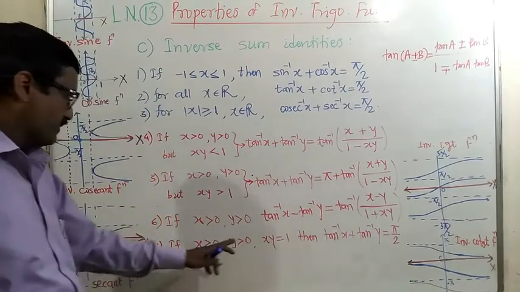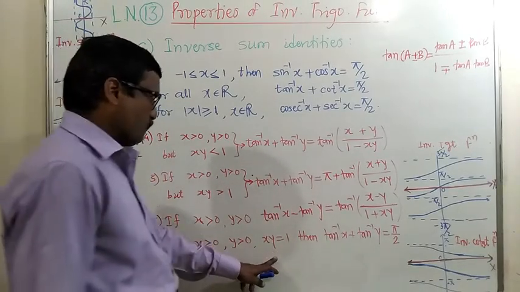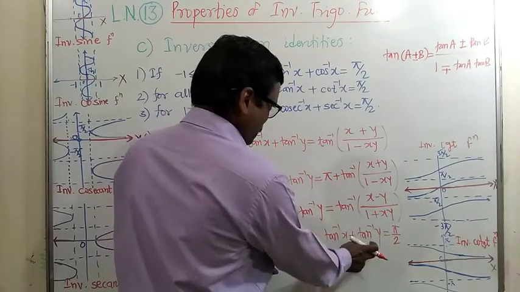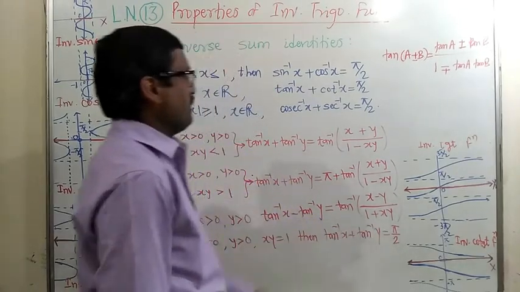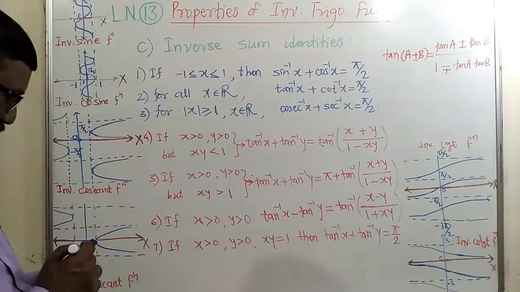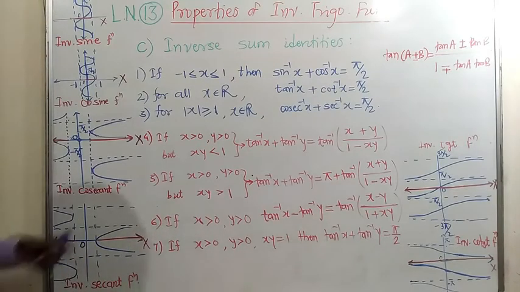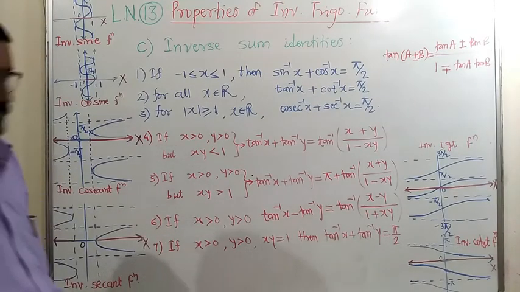But when x and y have product equal to 1, then tan inverse of x plus tan inverse of y is equal to pi by 2. Actually, there are so many properties like this.